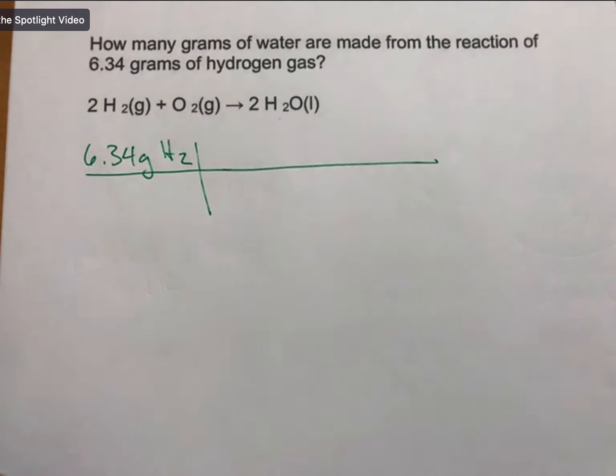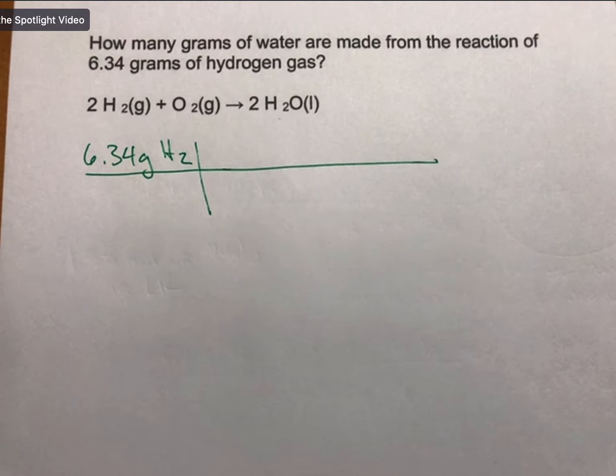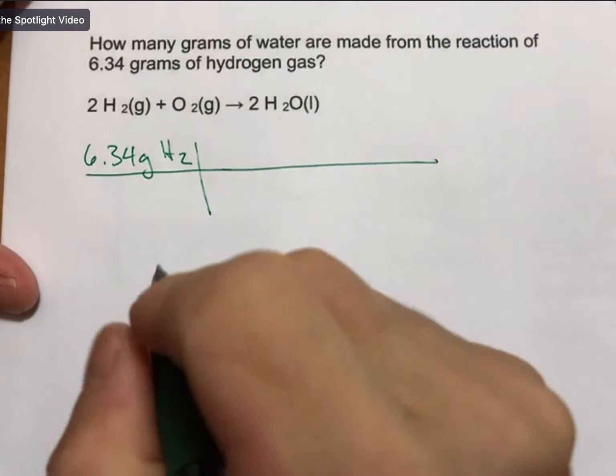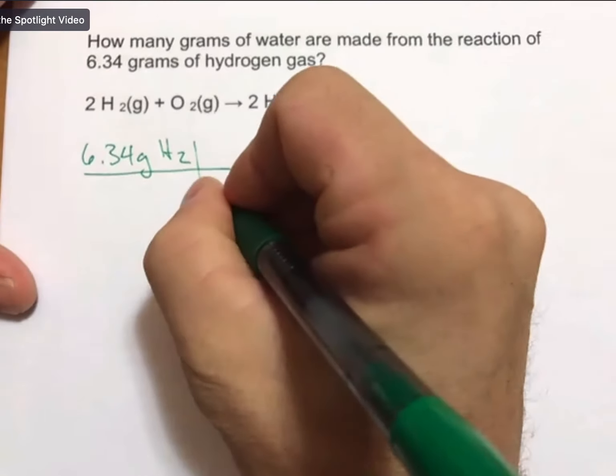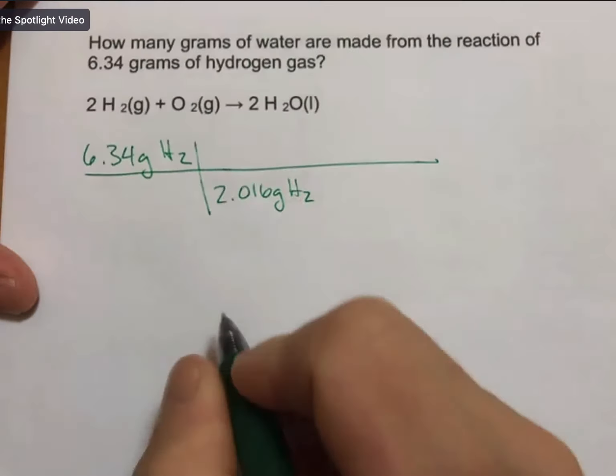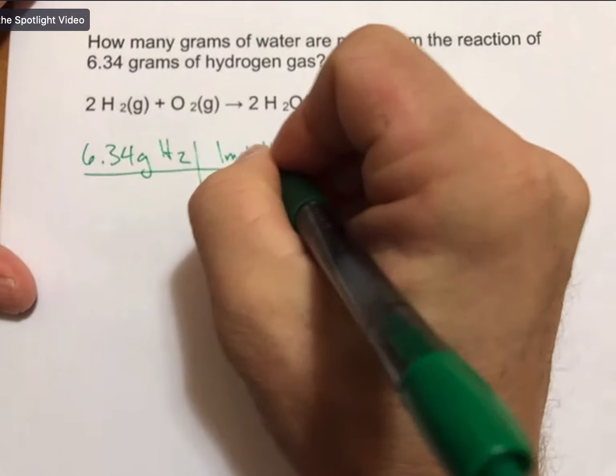The molar mass of hydrogen, if I pick up my periodic table here, which I seem to be missing. Well, luckily I know my molar mass of hydrogen. Each hydrogen on the periodic table is 1.008. So 2.016 grams of hydrogen is going to be 1 mole of hydrogen.